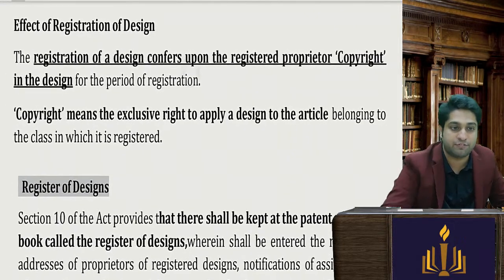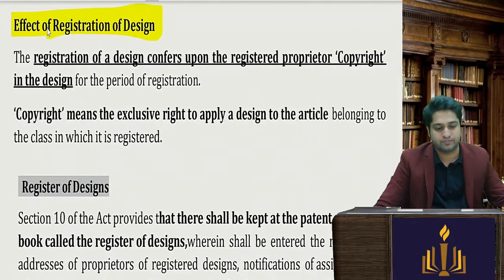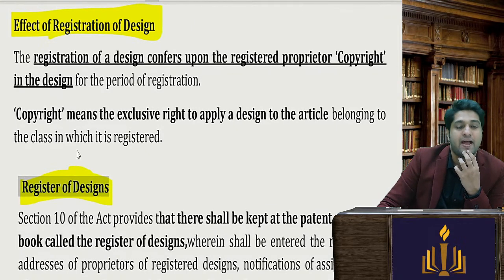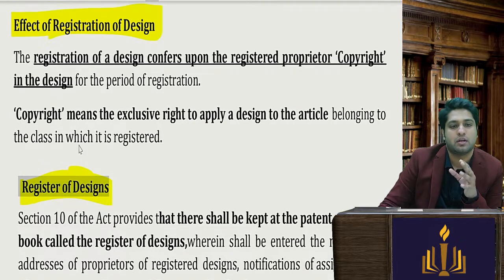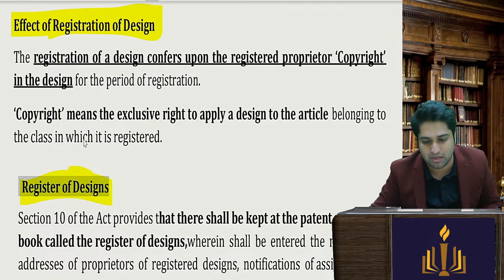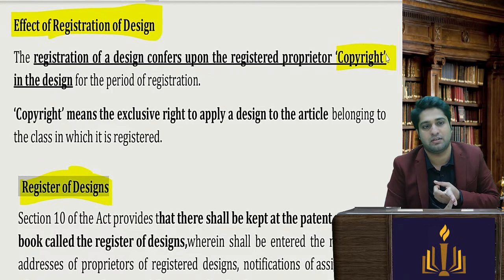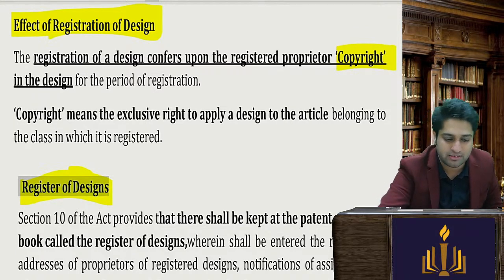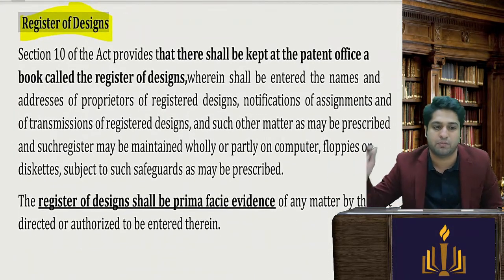Now this is the effect of registration of a design. There are two important things: a register will be maintained, and effect. Effect means what? First, the moment the design gets registered in your name, you will have a copyright on the design. You can use it and prevent others from using it, and a register will be maintained in which your name will be put up.